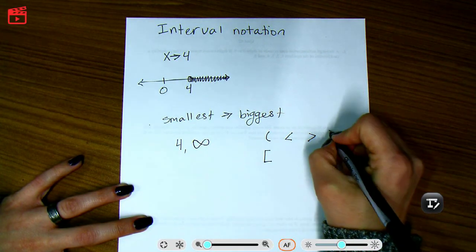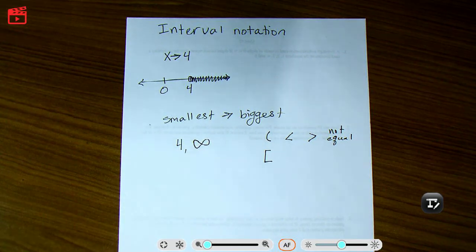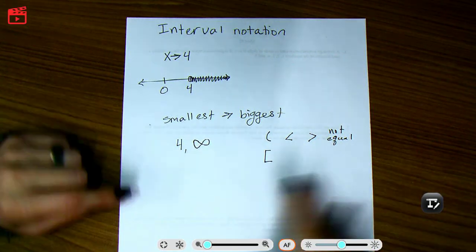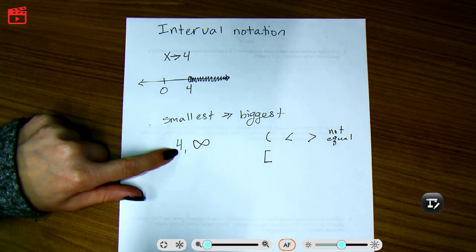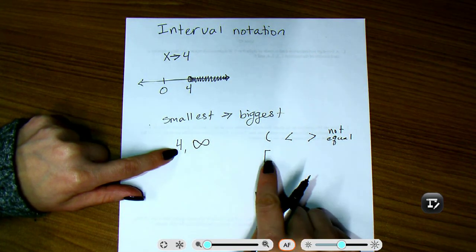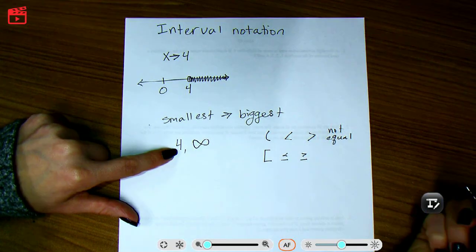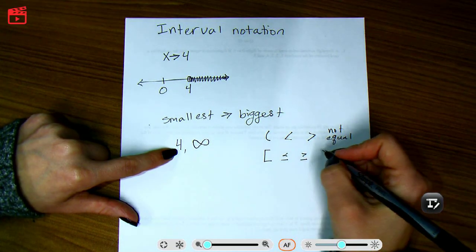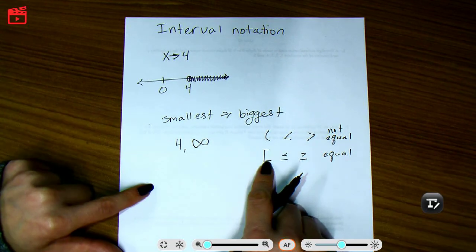So this is if it's not equal. If our value can be equal to that number, then we'd use a bracket. So if we had less than or equal to or greater than or equal to, meaning that that value is actually included or can be equal to that value, then we'll use a bracket.